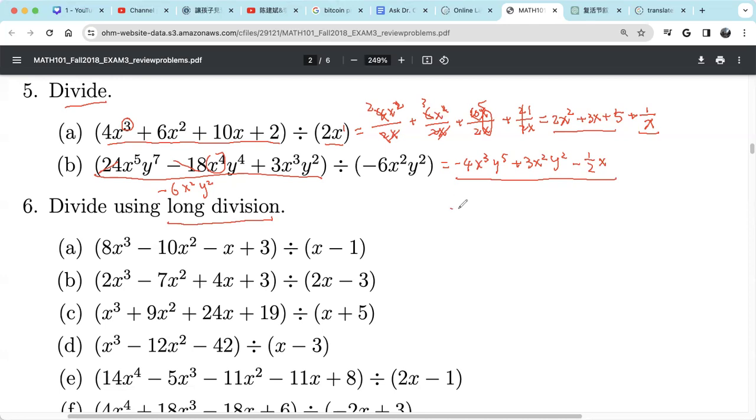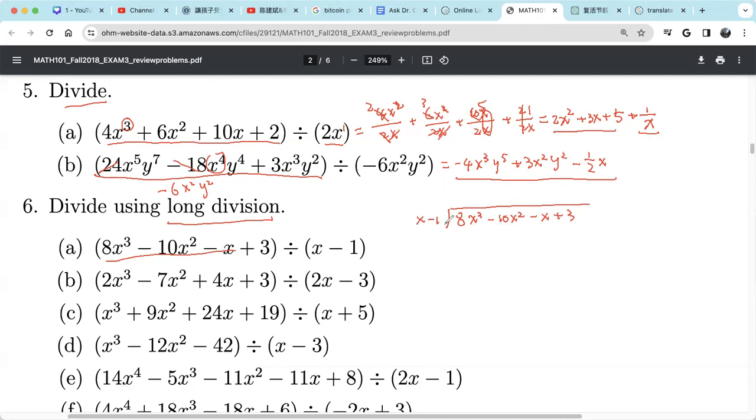So with long division, we make this sign. Then we put the radicand, which we call the radicand or the dividend, inside. So we have ax cubed minus 10x squared minus x plus 3, divided by x minus 1.